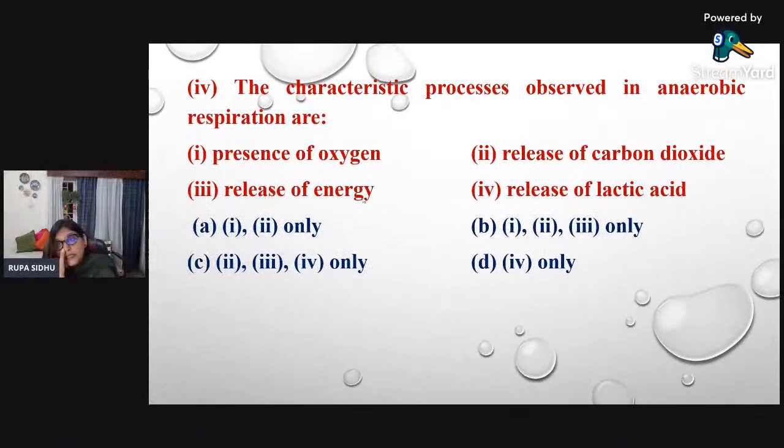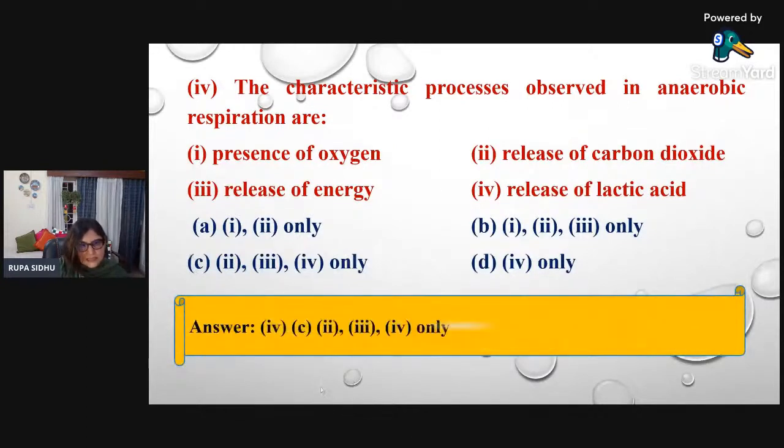Though less energy is released in anaerobic respiration as compared to aerobic respiration, energy is released. Release of lactic acid, yes, especially in the muscles. Lactic acid is released in anaerobic respiration. So 2, 3, and 4 seem to be right. So should it be C? Yes, the correct answer is C. Release of carbon dioxide, energy, and lactic acid happens in anaerobic respiration.